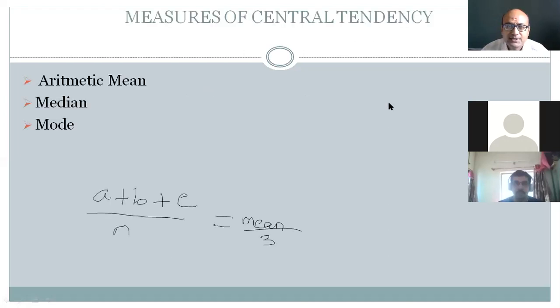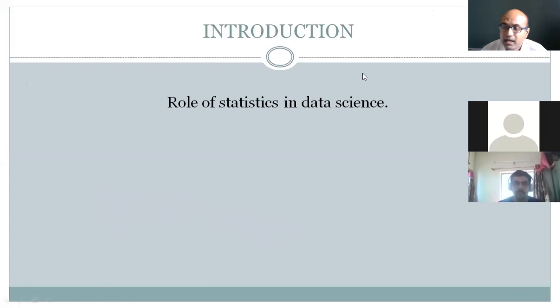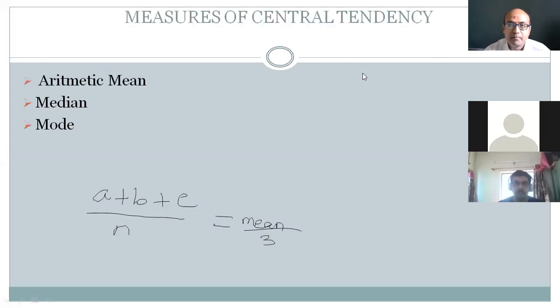This we can take as one type of data. Before going to the role of statistics, every data is in the form of a distribution, which we will cover in the later part. Now, in the beginning, measures of central tendency, which cover three parts: arithmetic mean, median, mode.